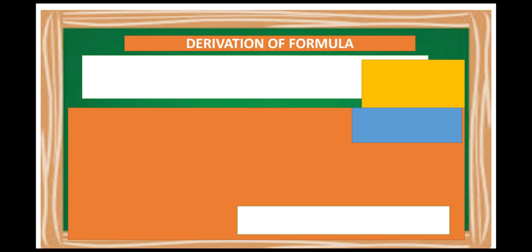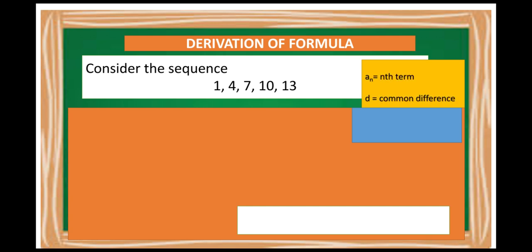So let's have this same sequence 1, 4, 7, 10, 13. The elements of this sequence are called the first term, second term, third term, fourth term, and so on. Suppose your unknown term, or your nth term, is called a sub n.